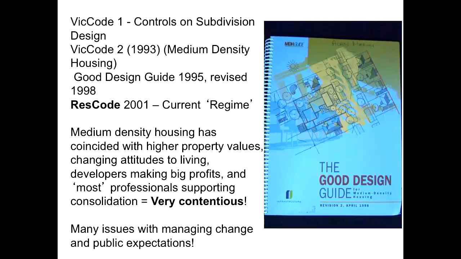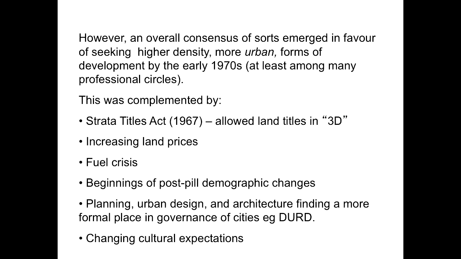So if we track forward a little bit more, and I'll just maybe make a few more comments about national planning. On the whole, it is correct to say we don't have urban planning at a national level in Australia.